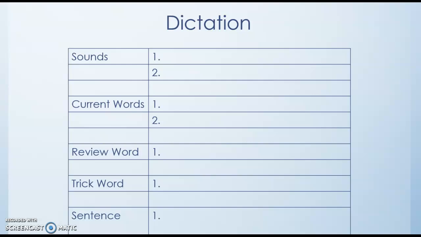The review word is call. Call. Please call. The trick word is one we've gone over in the past, but it's a tough one. Do your best. It is against. Against.